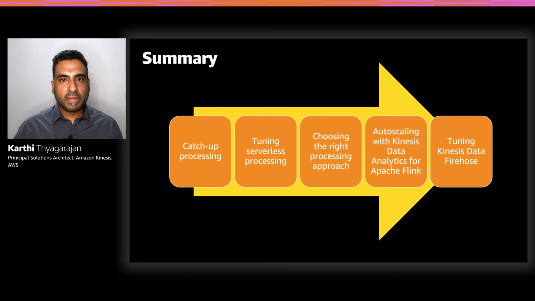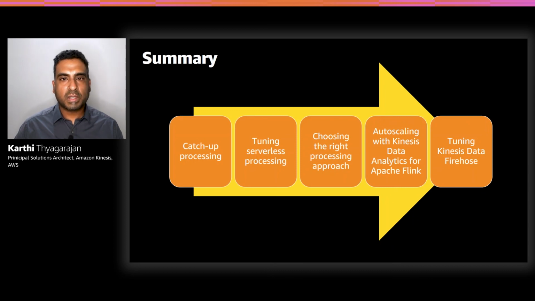Then we saw how to use various knobs for tuning both latency and throughput when using AWS Lambda to consume from Kinesis data streams. After that, we looked at the key characteristics to keep in mind when deciding on a consumption strategy between AWS Lambda, Amazon Kinesis Data Analytics for Apache Flink, and Kinesis Client Library.